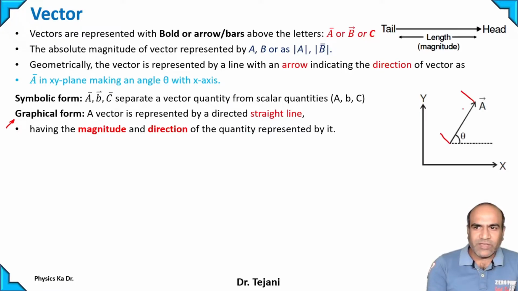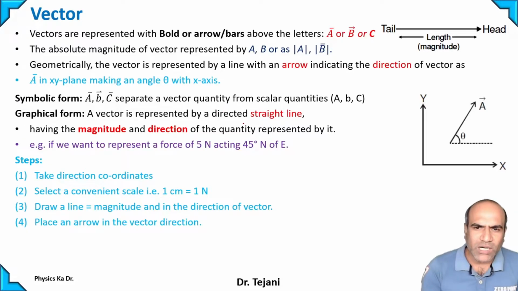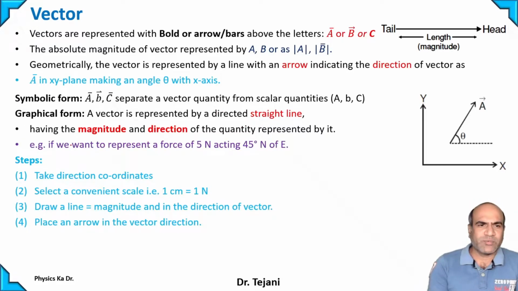So graphically we have to show both its magnitude and direction. How? Say, for example, we want to represent a force of 5 Newton acting at 45 degrees north of east. These are the steps.